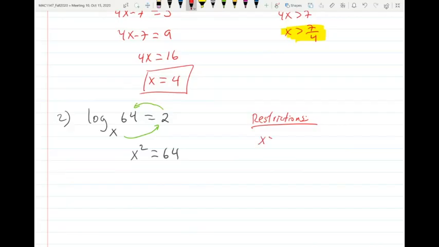We always said the base has to be positive and different than 1. So these are our restrictions. Whatever x we come up with, it has to be a positive number and it has to be different than 1. Otherwise, it doesn't make sense. We did not define what it means to have a log with a negative base, and we did not talk about having base 1. It makes no sense to talk about it. You understand this?